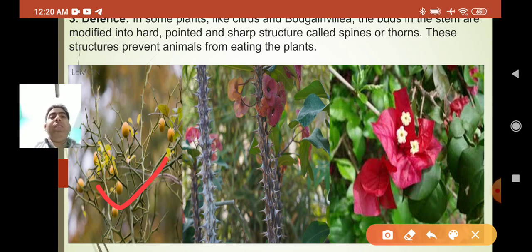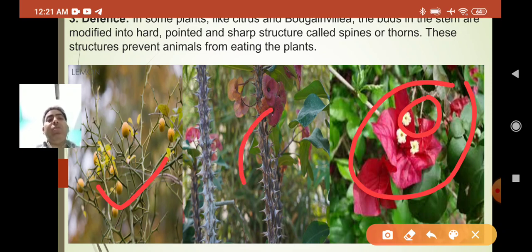And you will see in the bougainvillea, this is the bougainvillea, they also have spines. They have pointed, hard and sharp structures, and these are called spines or thorns. You can see here this also has spines, and they are very sharp and hard.